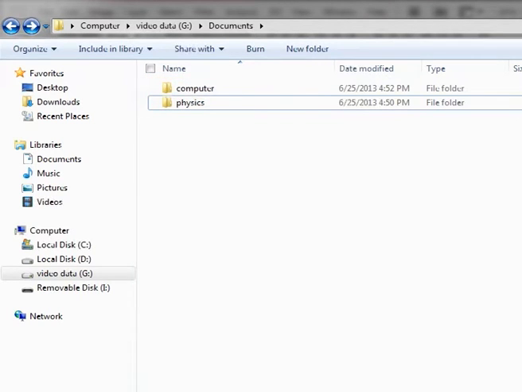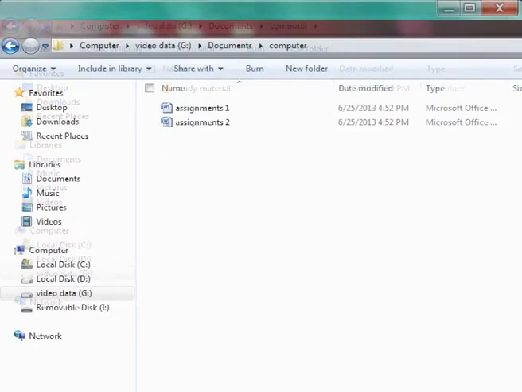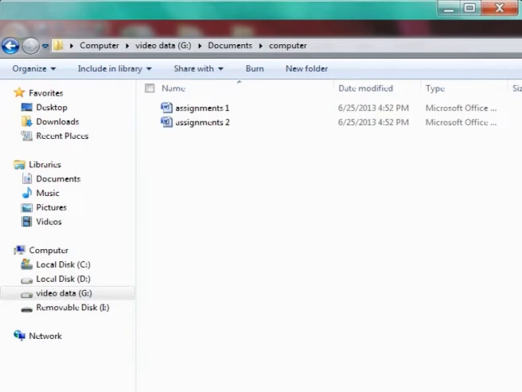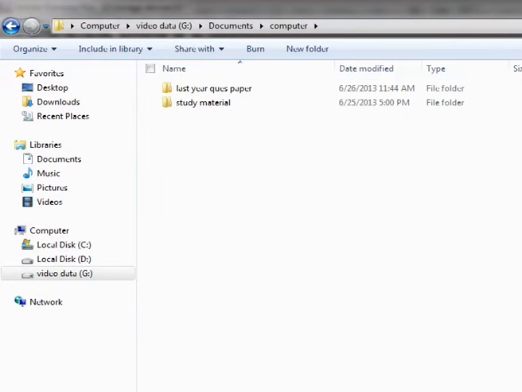These folders can have subfolders such as a computer study material subfolder to contain files related to study material. The assignment subfolder may contain files related to assignments. The last year question paper subfolder may contain files related to last year question papers.